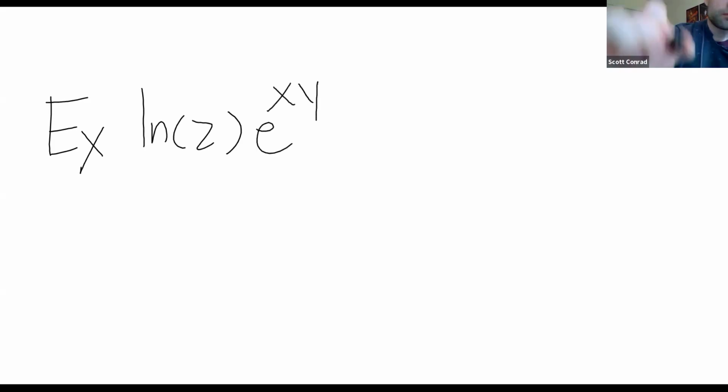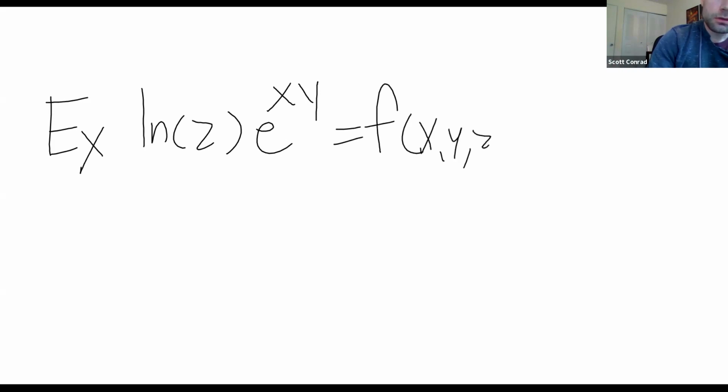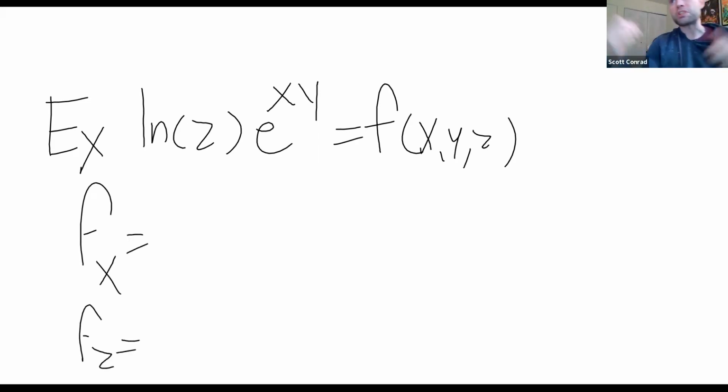So for example, if we had the function of 3 variables, natural log of z times e to the xy, let's look at the partial with respect to x and the partial with respect to z. We could do the partial with respect to y, but the process is exactly the same.